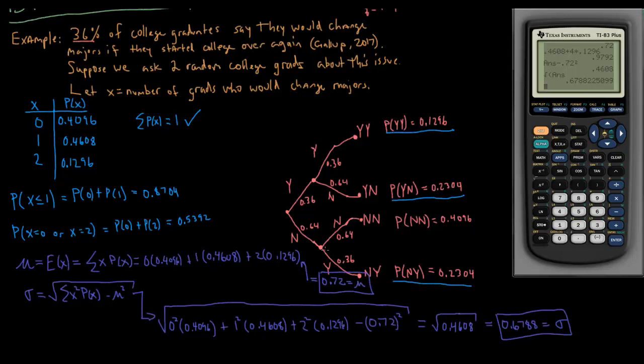Okay? So that's how you have to work these problems if you're not in this special case that we're going to talk about in just half a second. So that's just a general discrete distribution. So you have to do things like make a tree diagram. Now here's the thing. If we said we're picking 3 people, this tree diagram would have gotten a lot more complicated. I guess 3 people probably would be manageable.